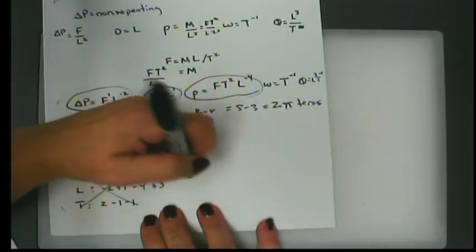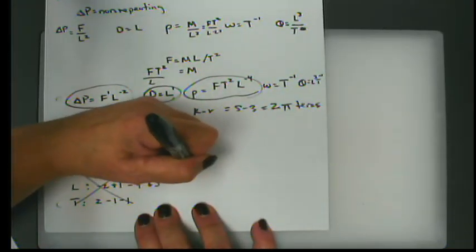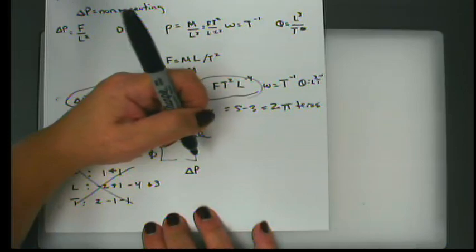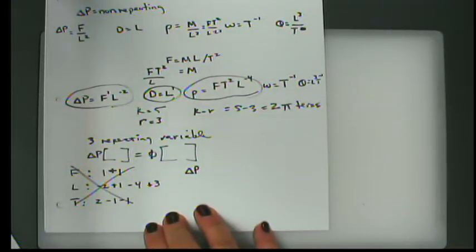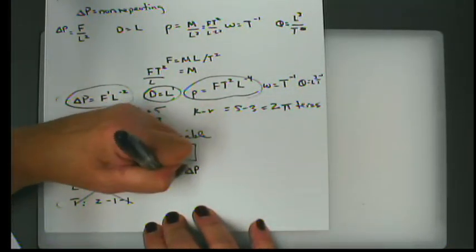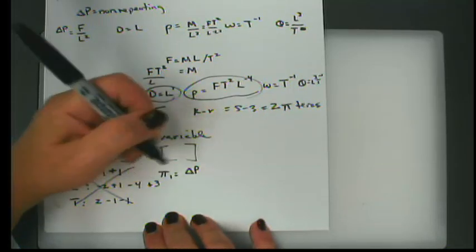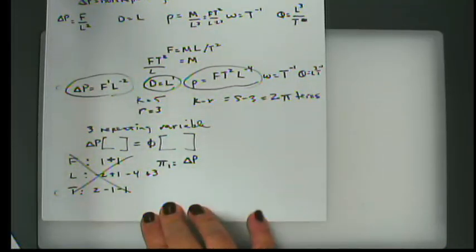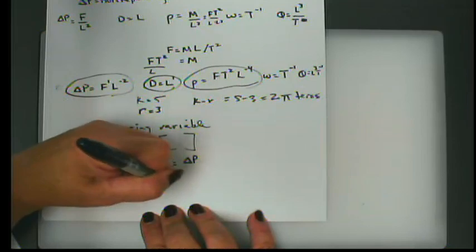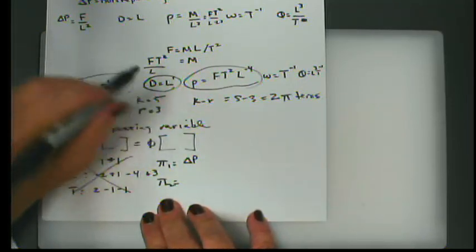Let's say delta P times something is going to be our pi group, pi 1. And our pi 2 group is going to be something else that does not include delta P.